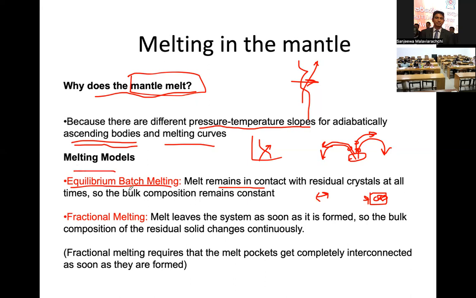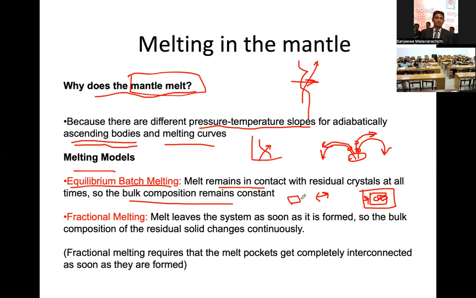Okay, and since nothing has gone out from the system, right, because the melt is still there, the solid is also there, elements are moving here and there, but within this particular system nothing has gone out. So therefore the bulk composition of the system remains constant. Okay, so before melting we had one composition like this.